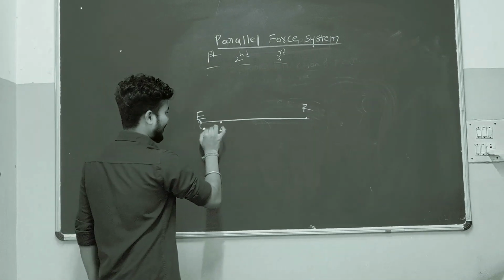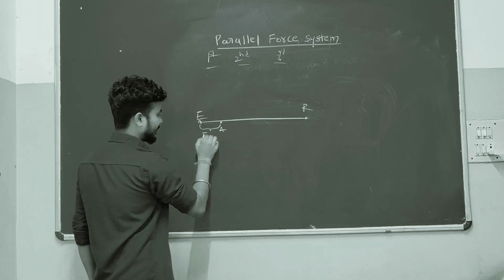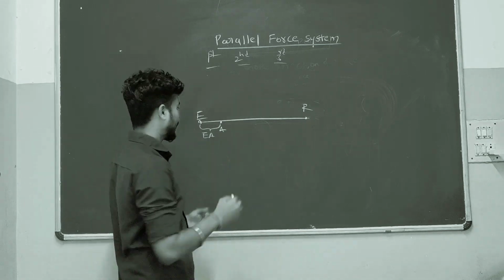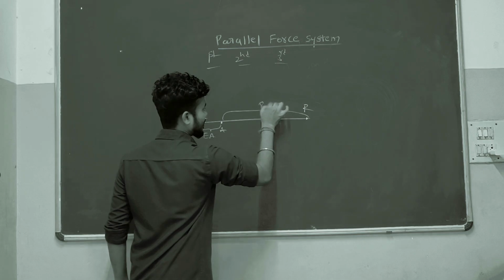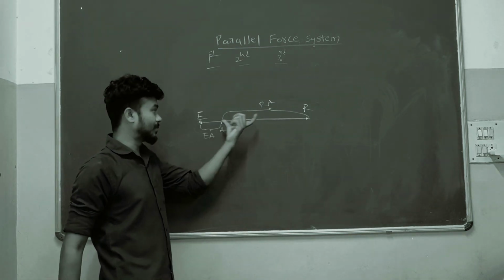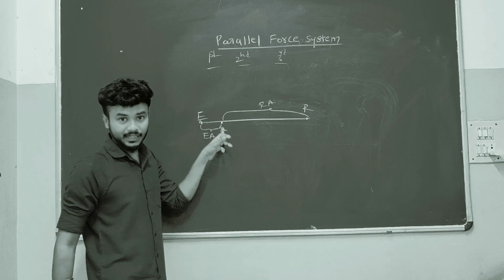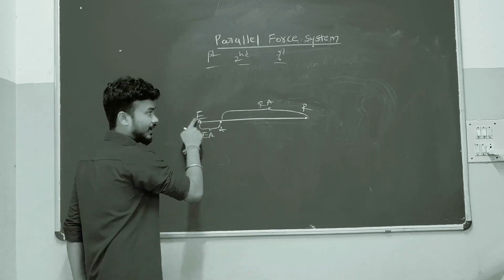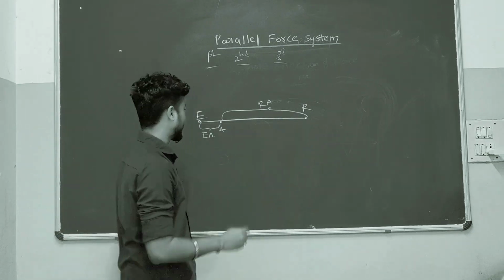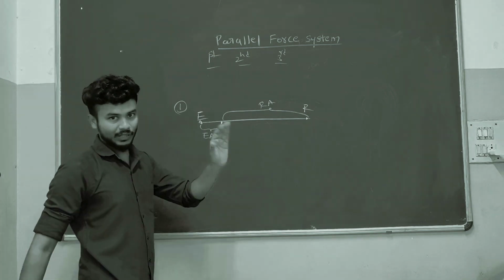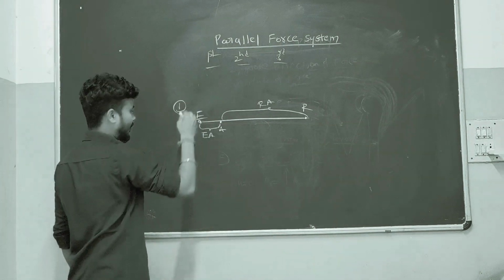So here the effect arm is small compared to the resistance arm, but the axis is still between the effect and the resistance. This is one variety in the first order lever.